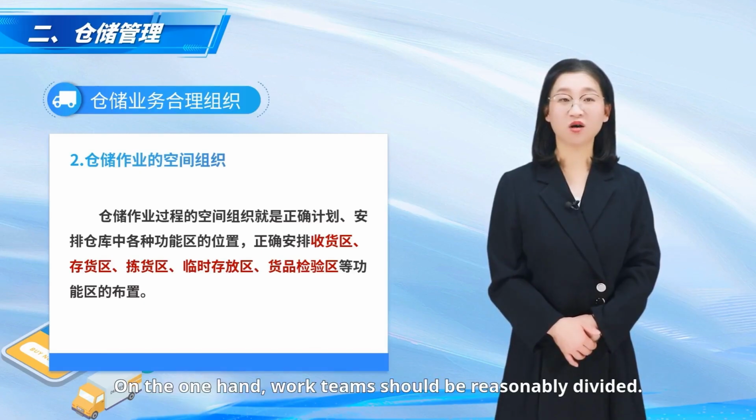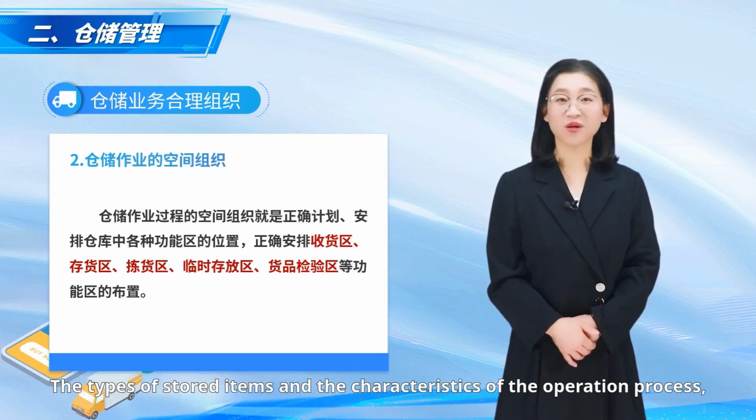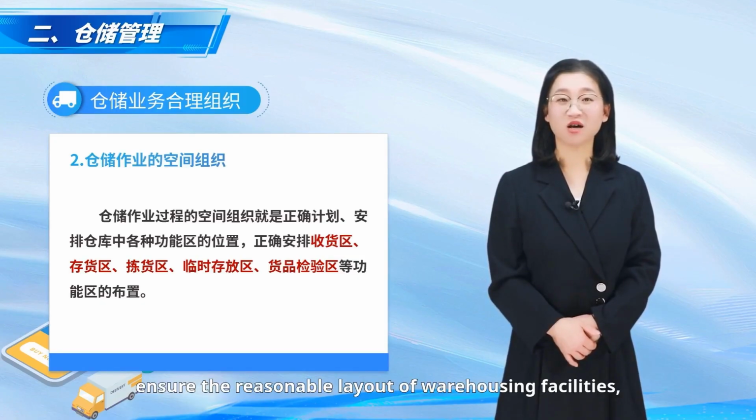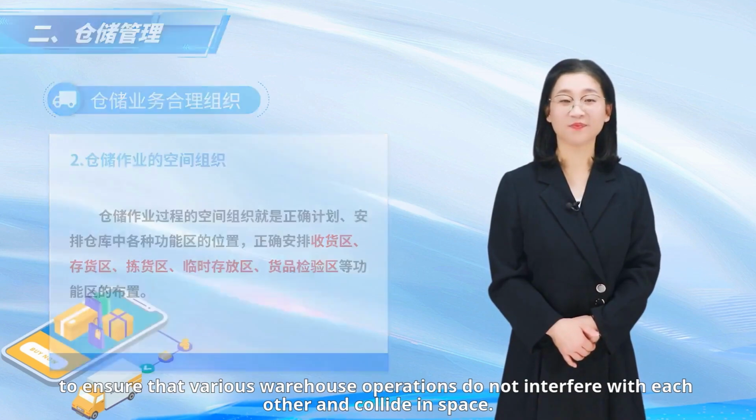On the one hand, work teams should be reasonably divided. The setting of work teams is mainly based on the throughput of the warehouse, the types of stored items and the characteristics of the operation process, etc. On the other hand, ensure the reasonable layout of warehousing facilities to ensure that various warehouse operations do not interfere with each other and collide in space.